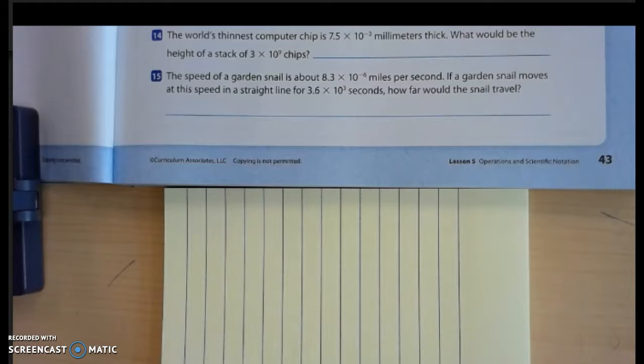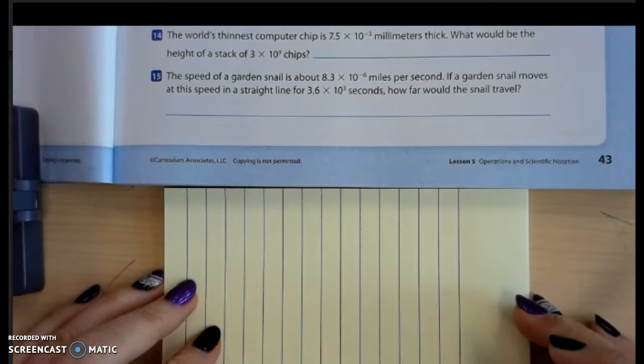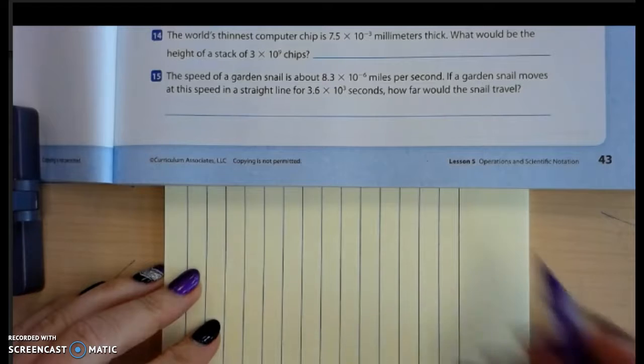It would be just like sheets of paper. If I had 13 sheets of paper that were 1 millimeter thick, and I stacked those up, we would multiply the thickness times the number of sheets of paper, right? That's what we're doing here. We're going to take the thickness of the computer chip and multiply it by how many are in that stack, and that's going to tell us how tall the stack is.